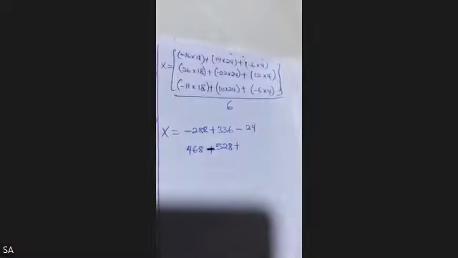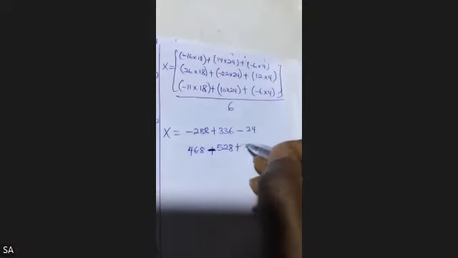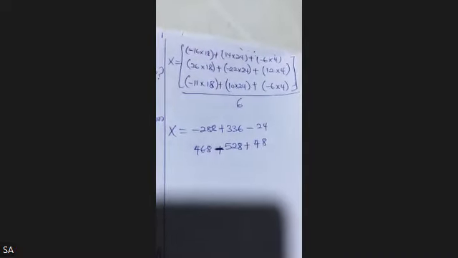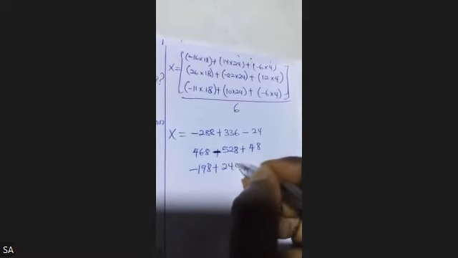Then plus 12 times 4, which is 48. Next, minus 11 times 18 is minus 198, plus 240 minus 24.